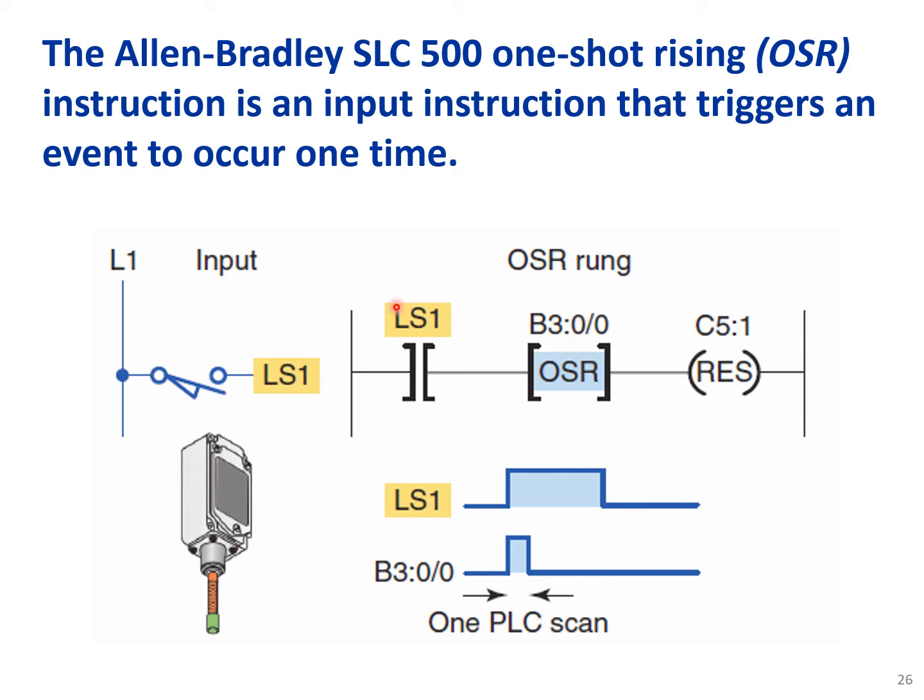When LS1, the limit switch, goes from false to true, or sends a pulse, then B3, our one-shot rising contact, goes from false to on for only one scan time. That is enough to reset the counter, and in the next scan this one will be false again. It doesn't matter whether the limit switch is true or false.